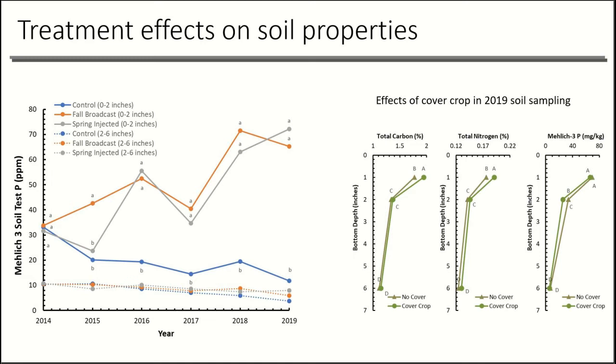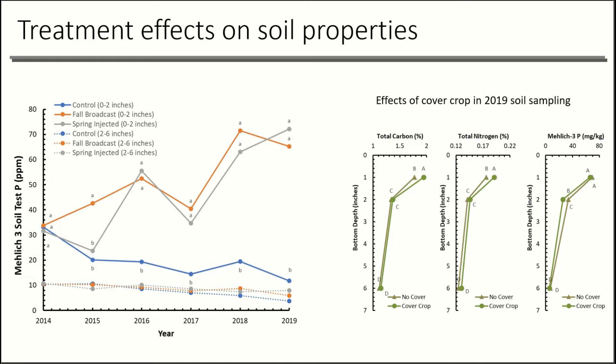The cover crop treatments increased total carbon and total nitrogen by the end of the study, and that's what's shown in these graphs on the right. This is at the end of the study, and here we took samples at a little bit finer scale, so 0 to 1 inch, 1 to 2 inch, and then 2 to 6 inch depths. At the very near surface we have higher total carbon, higher total nitrogen.